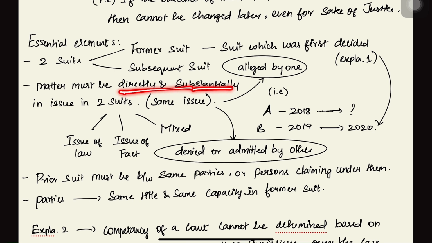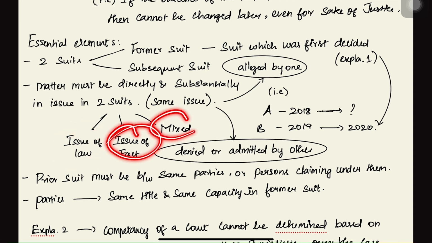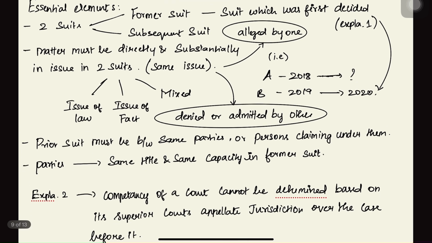Matters must be directly and substantially in issue in both the suits, both the former as well as the subsequent suit, whether related to law, issue of fact, or mixed. That particular issue must have been alleged by one party and denied or admitted by another.